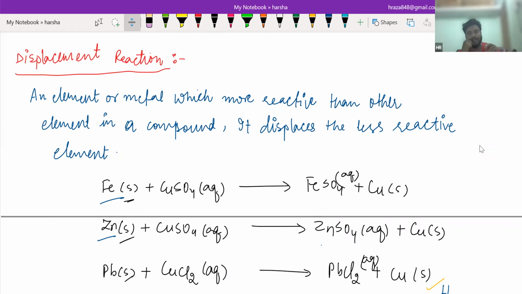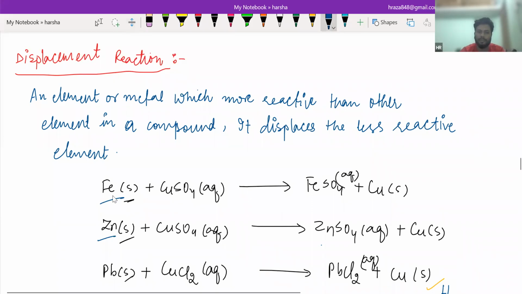So whenever a more reactive element is used with a compound in which the metal is less reactive, it will definitely displace it. Like Fe reacts with CuSO4, it will displace copper and form FeSO4, because iron is more reactive than copper.